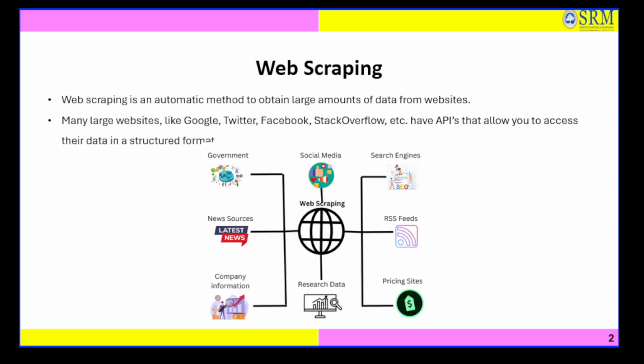Using that API, we can access the data in a structured format. This is the best option, but we cannot always say that all websites are technologically advanced. Whenever we have a very good website, we can go for a particular API and extract data in a structured format.